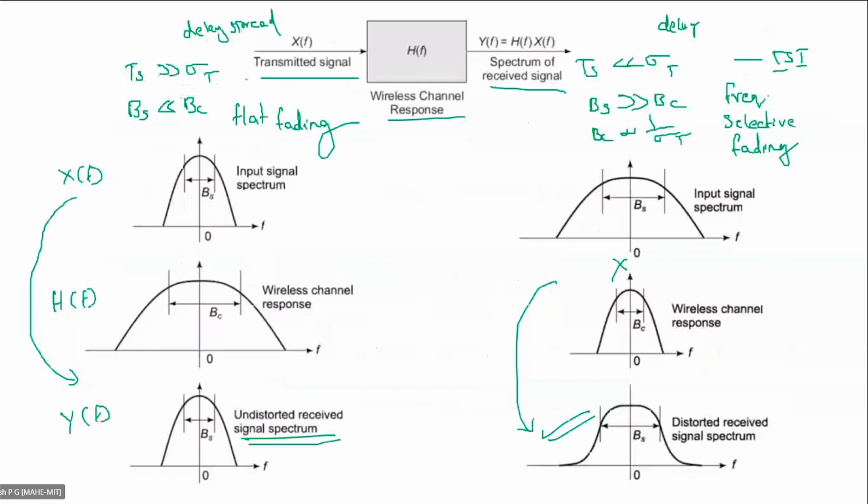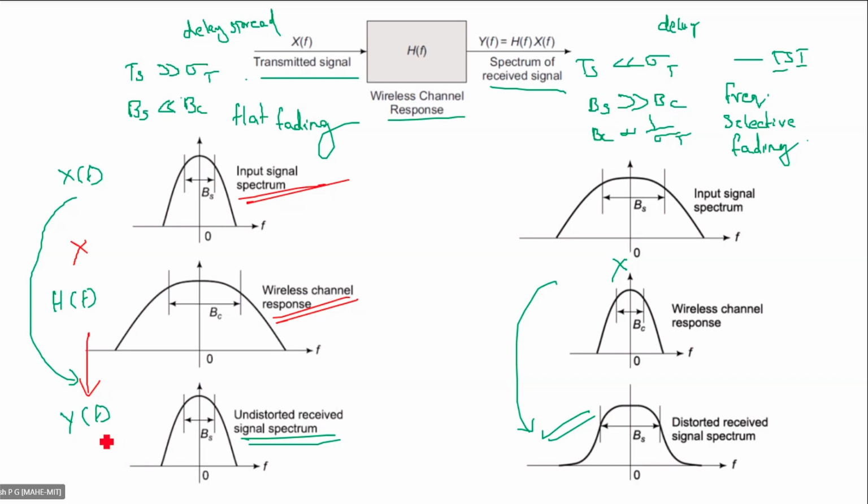Okay, so why are we calling it a flat fading system? The answer to that, you can see in this diagram. This is the input signal, and you have the channel here. The input is represented by x of f, the channel is represented by h of f. If you multiply x of f and h of f, you will get y of f.